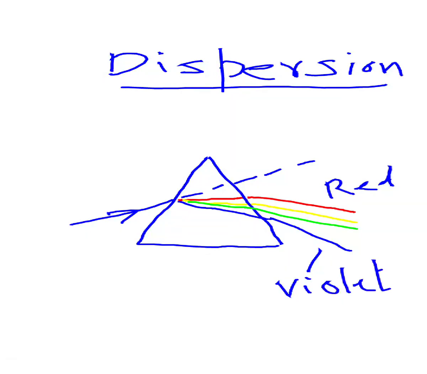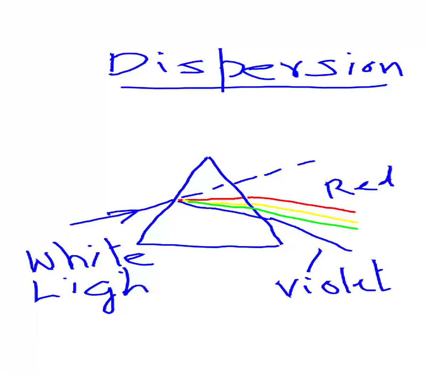Okay, and this is white light. White light, violet, red, that is done. Okay, dispersion of white light by the glass prism.